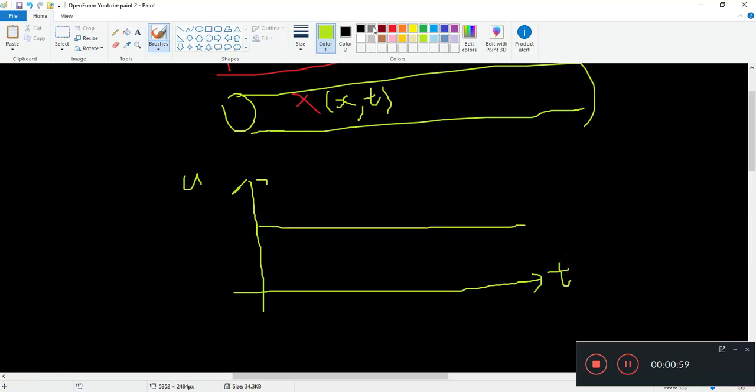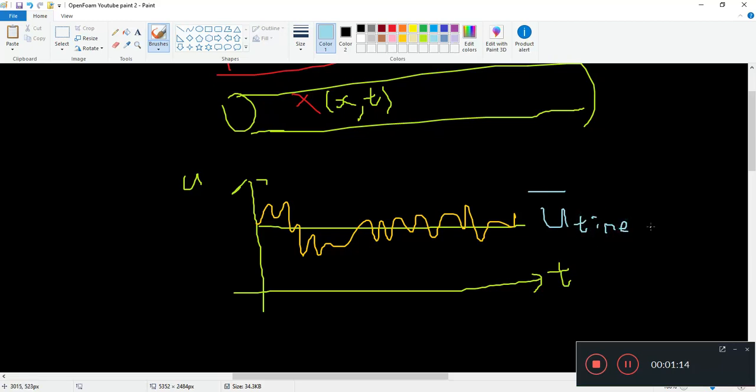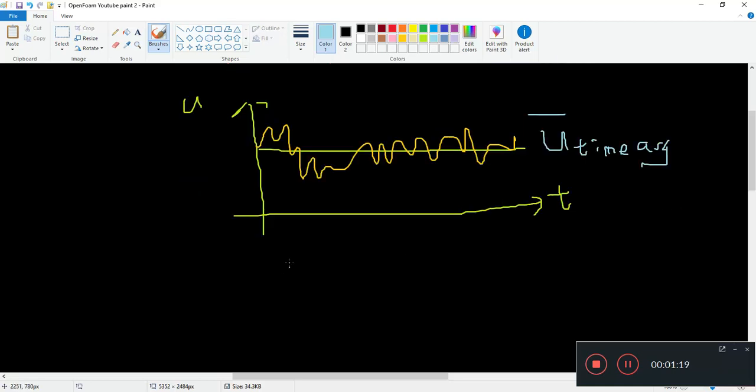So let's say your velocity is like this. There's turbulent velocity, and then you take a time average of that velocity, and that time average is u bar. That's the general principle behind Reynolds-averaged Navier-Stokes.